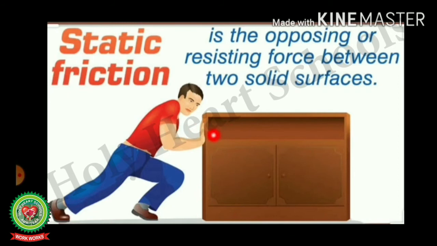This is because of the frictional force acting between the lower surface of the box and the floor, that is not letting the box change its motion. So, box remains at rest. Static friction holds an object in its place. That is, it prevents change of the state of rest of any object.